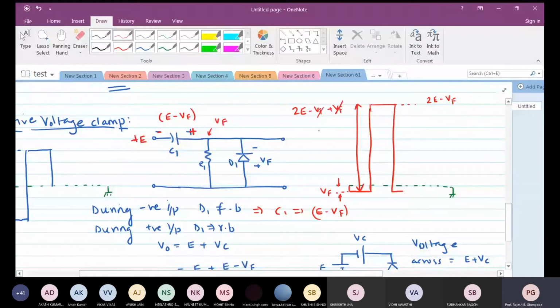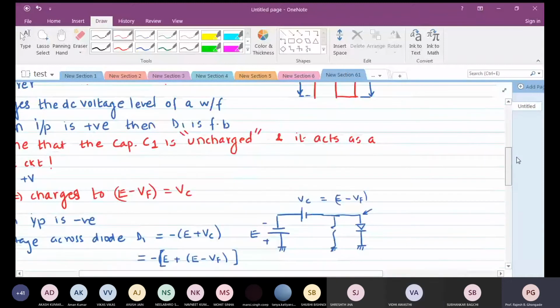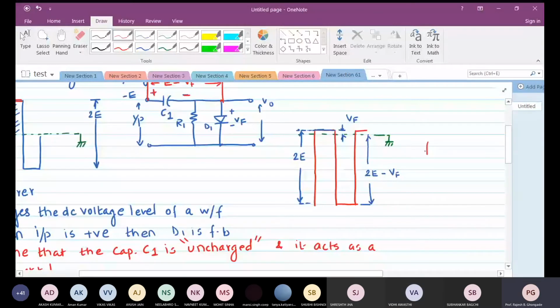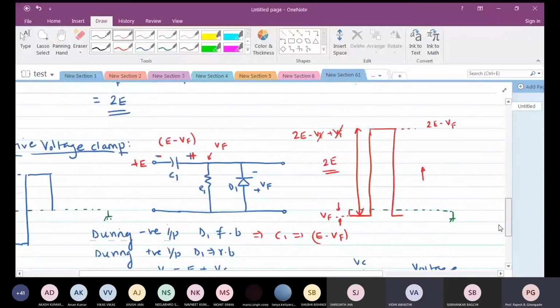This cancels out and you are left with the original 2E. What has this particular circuit done? It has shifted the DC level of the input waveform in the positive direction, as against the previous one, which was shifting the output in the negative direction.